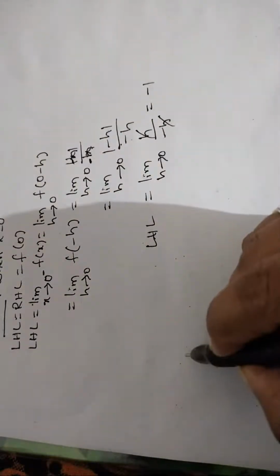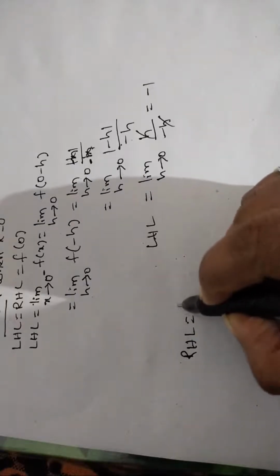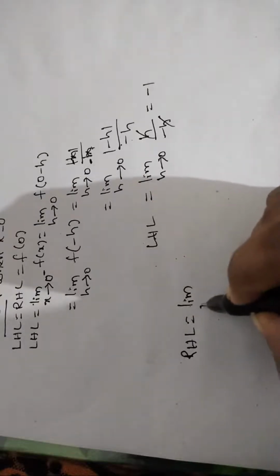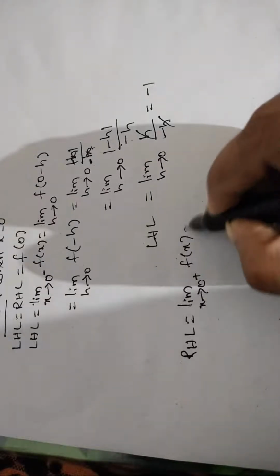Next go for RHL. RHL is the right hand limit at 0, limit x tends to 0 plus f of x.